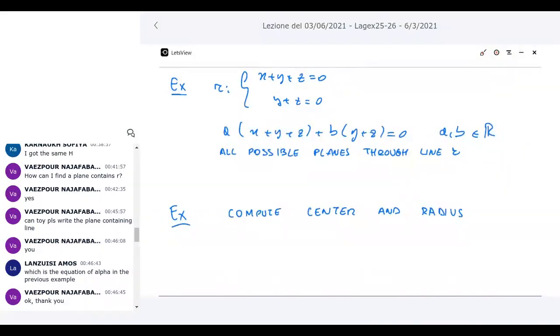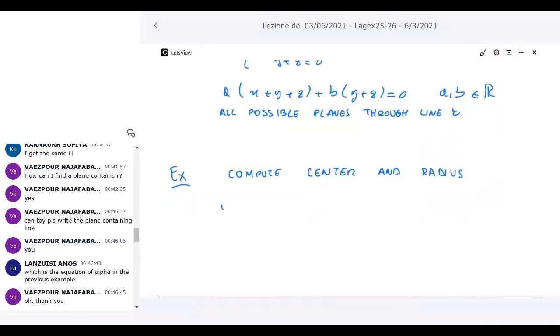It's just completing the squares. So we want to do this in 3D, because it's where it is more challenging. So x squared plus y squared plus z squared equals 1, and say x plus y equals 0. Tell me, what is the center and what is the radius?